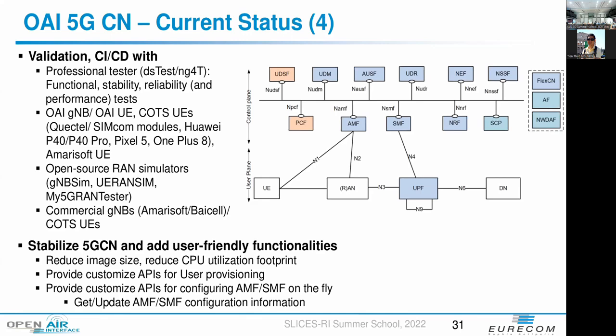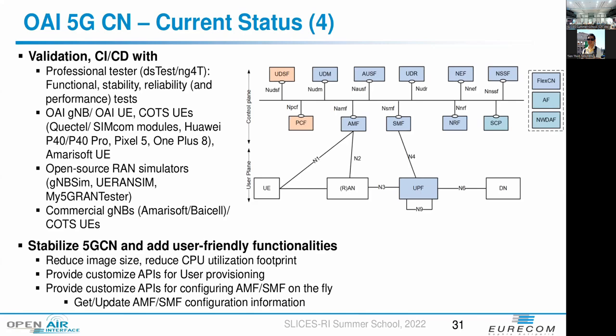Recently we also focused on this because sometimes the end user thinks that it's a bit difficult for them to handle some configuration information when you connect between the LAN and the phone network. You need to set up the PLMN information. You need to set up the network slice information. So we have recently focused on bringing some user-friendly APIs.